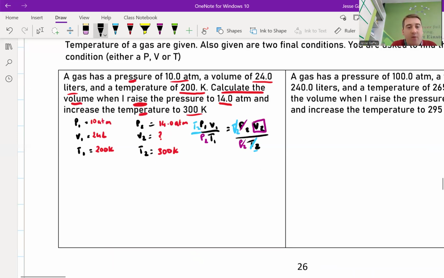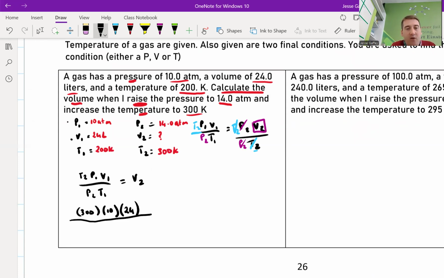Okay, so let's rewrite it out here. We've got T2, P1, V1 over P2, T1, and all of this is equal to V2. Now we're going to put in our numbers and solve for V2. So T2 was 300, P1 was 10 and V1 was 24.